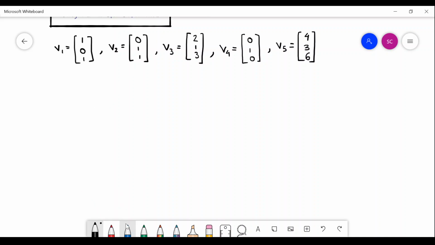So we are stacking up the vectors one after another. This is the first thing that you should do. You are stacking up the vectors one by one.